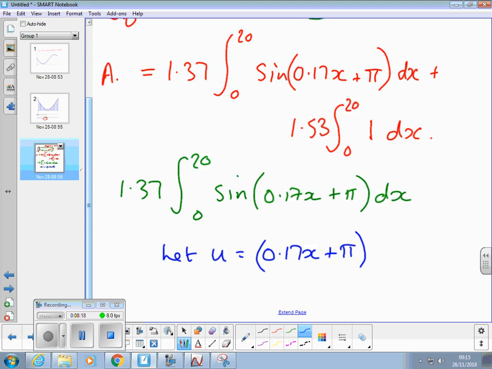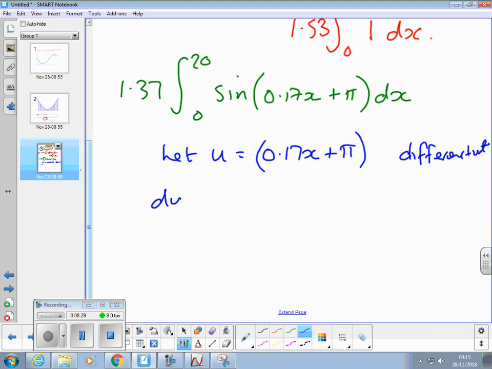Then we differentiate, so we need to find du. What happens when we differentiate 0.17x? The x disappears. What happens when we differentiate a constant? It disappears.